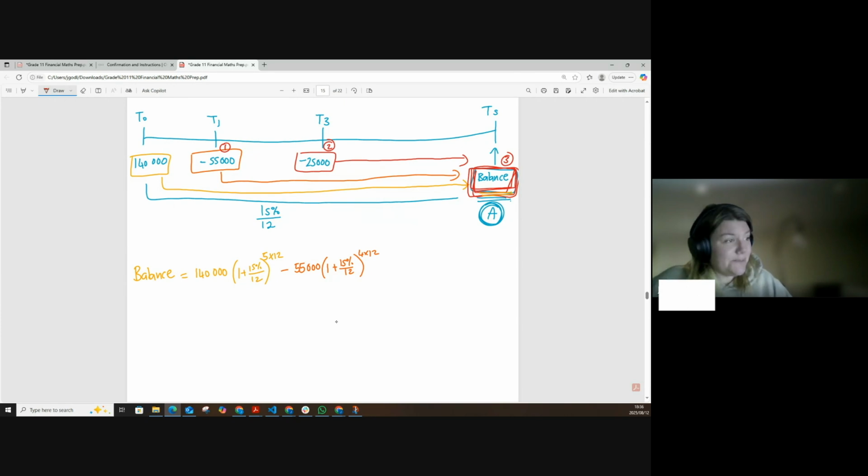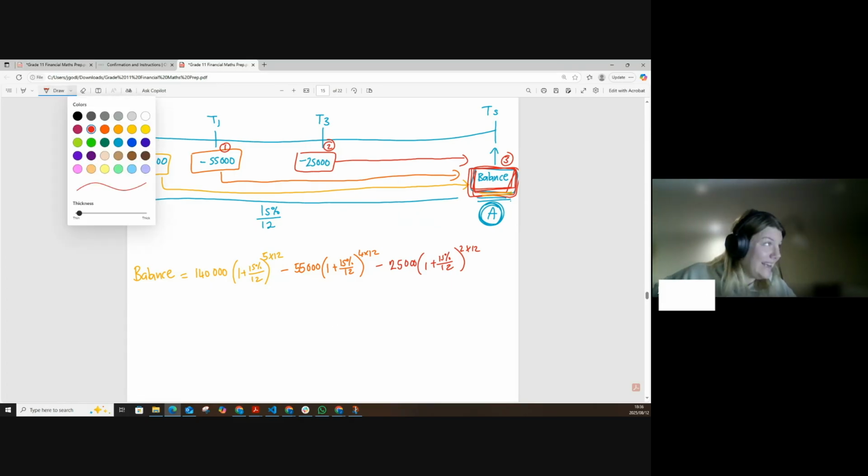Then I subtract my red journey, my 25,000, 1 plus 15% over 12, and it's now only there for 2 years. I put that whole line straight into my calculator, exactly like that.